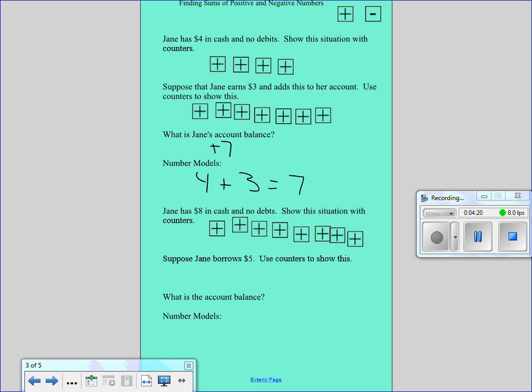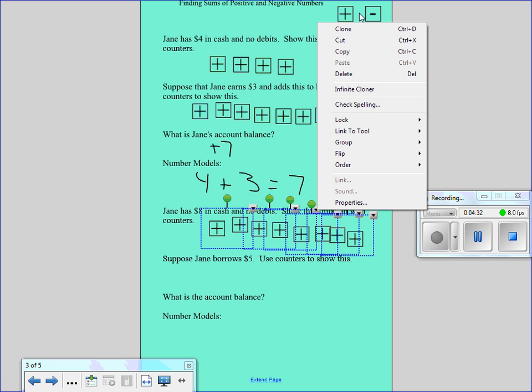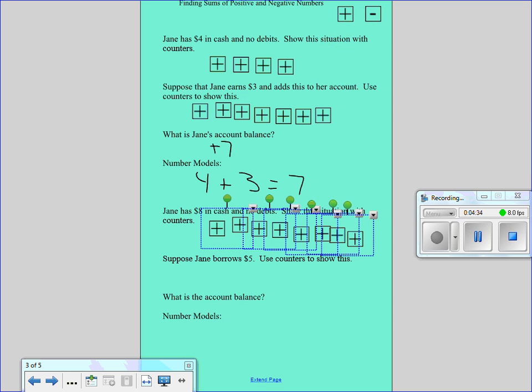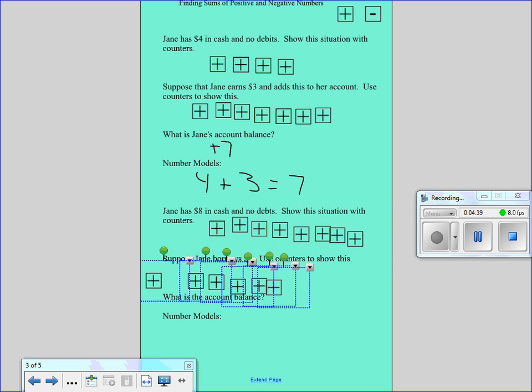Suppose Jane borrows $5. Use the counters to show this. So she borrows $5. So she had 8, and she had to borrow 5. So I'm going to take these 8 so I don't have to drag them all again. 1, 2, 3, 4, 5, 6, 7, 8.